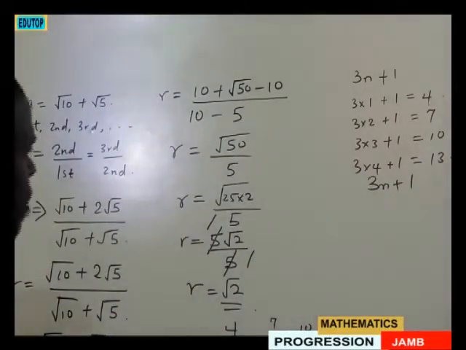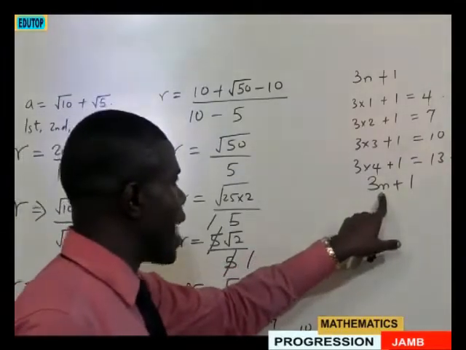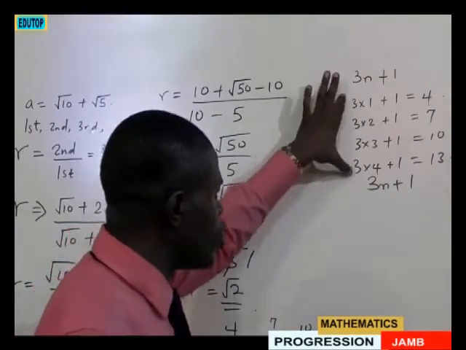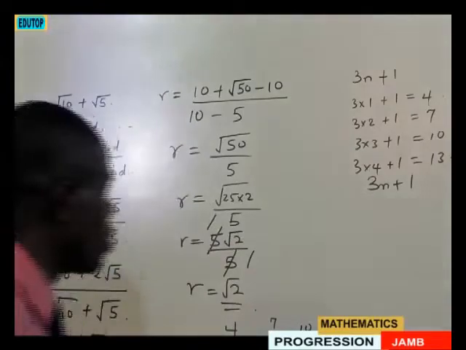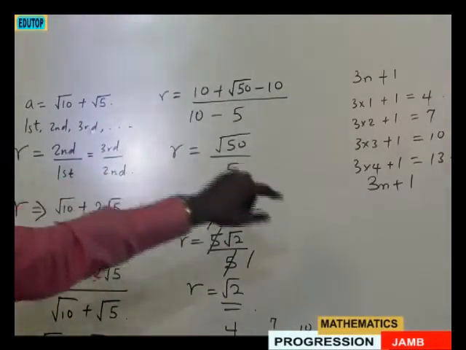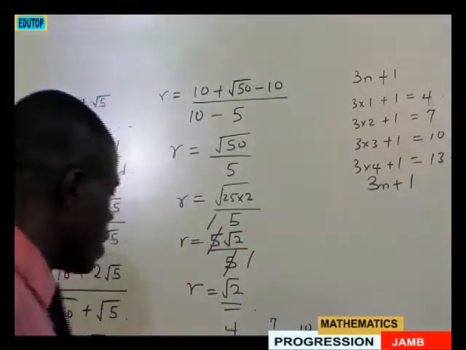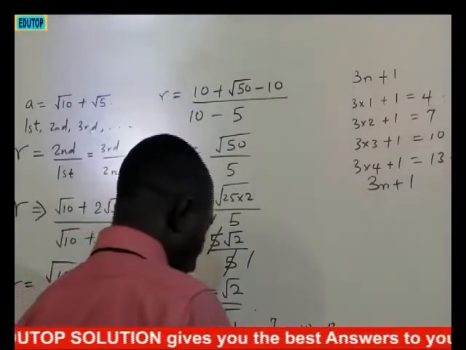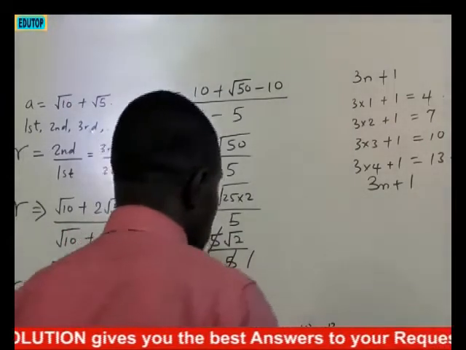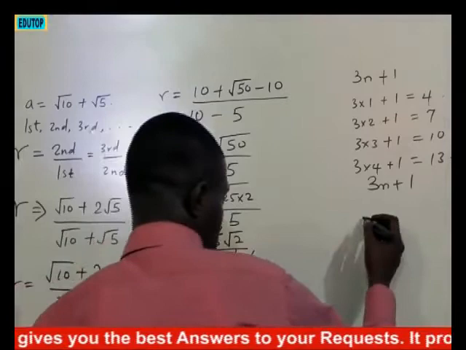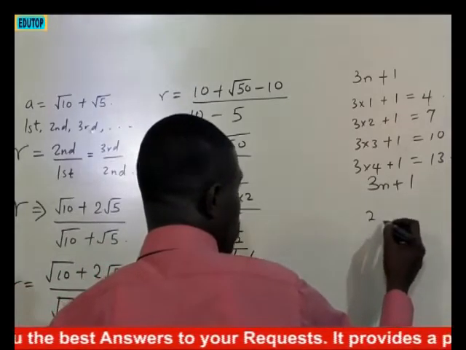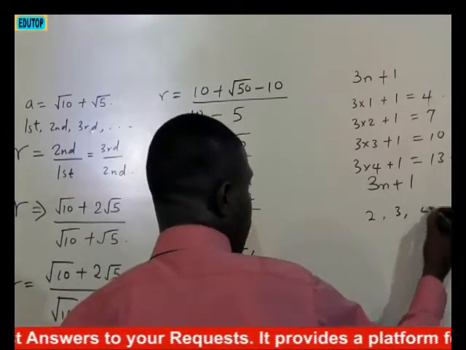So I've been able to detect the pattern which the numerators follow. Now let me talk about the denominator. The denominator, I have 2, 3, 4, 5.